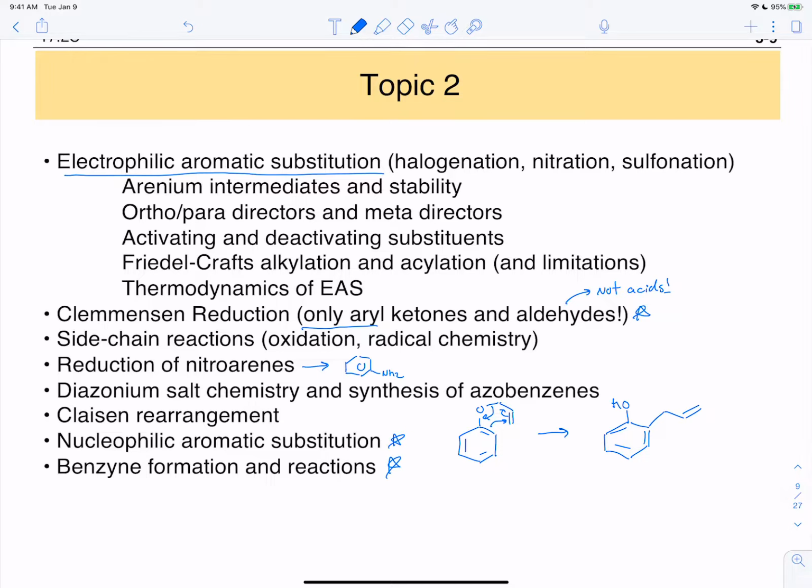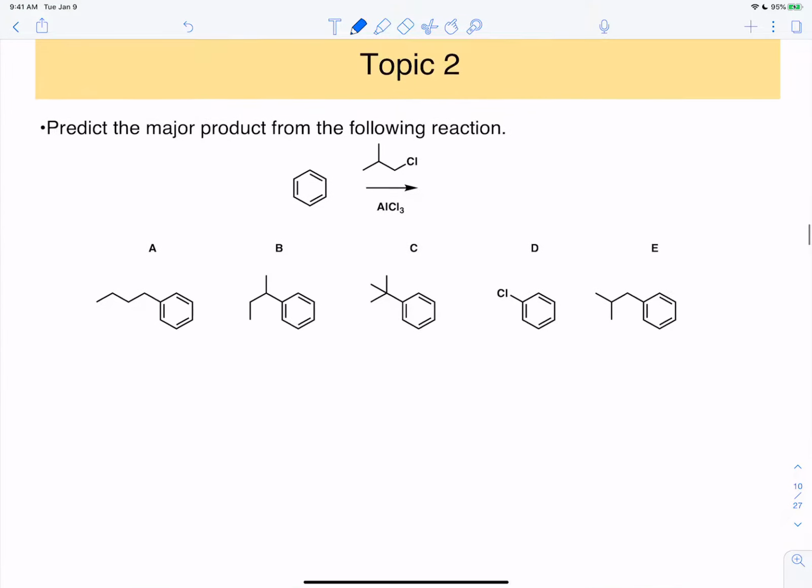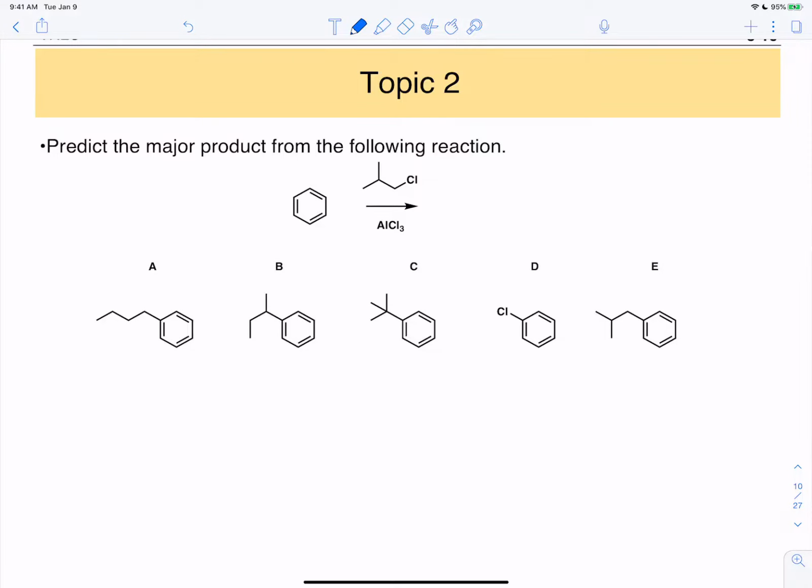So we're going to do a case from a couple of these just to remember different factors and how they work. In this case, we have a benzene ring, aluminum trichloride, and an alkyl halide. This is the Friedel-Crafts alkylation. To determine the product, we need to remember how this reaction goes.